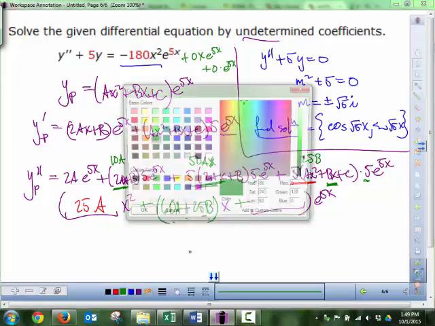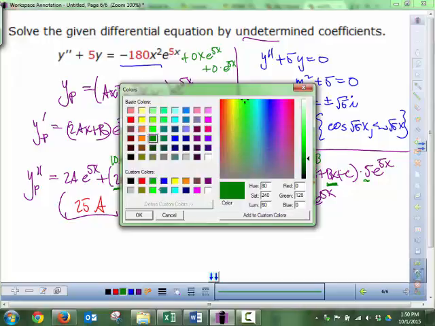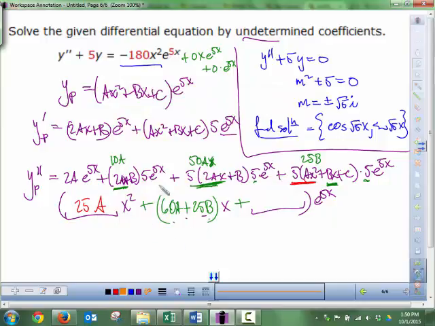All right, I need another color. Orange. Now the constant terms. I have a 2a. I have a 5 times 5b, 25b. I have a 5 times 5c, 25c.